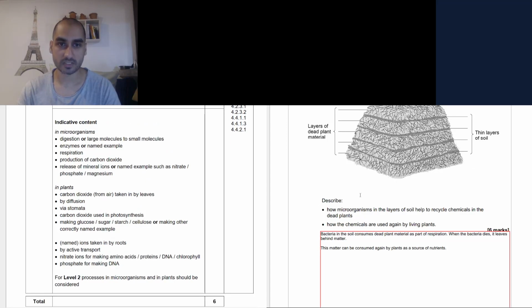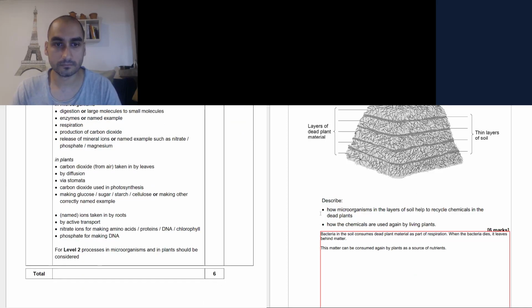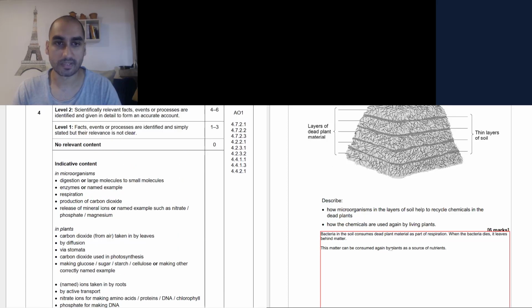In plants, carbon dioxide taken in by leaves. Oh yeah, of course. Why didn't I? By diffusion. Okay, so I didn't say anything about plants. About microorganisms, I did mention respiration.